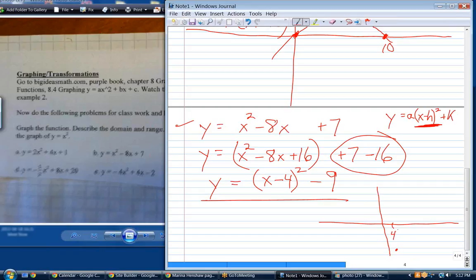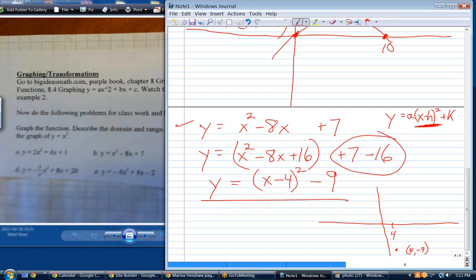Again, let's figure out the y-intercept. So replace x for 0. Okay, what do you get? 7.